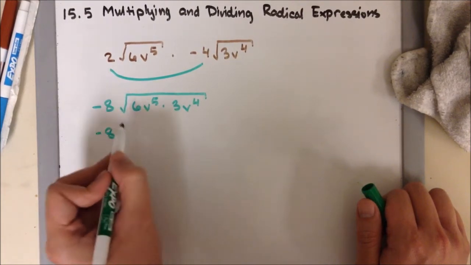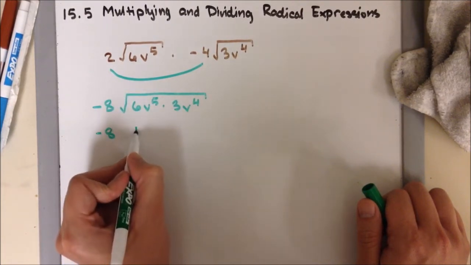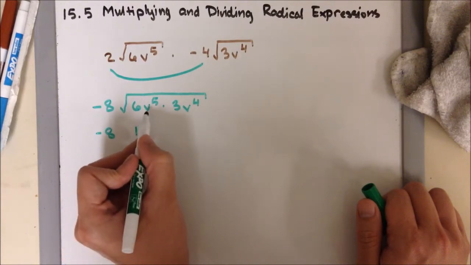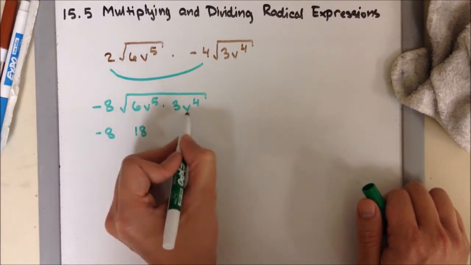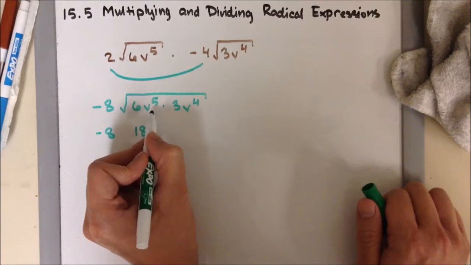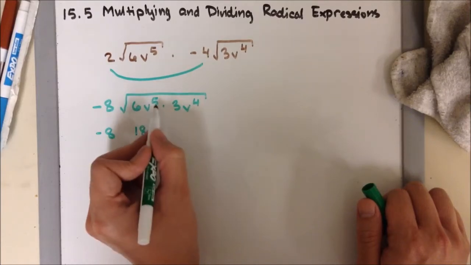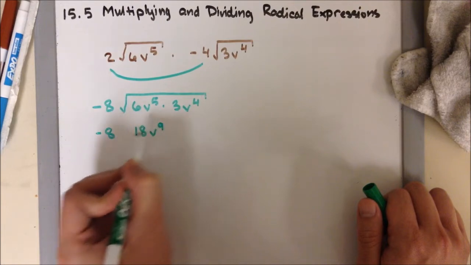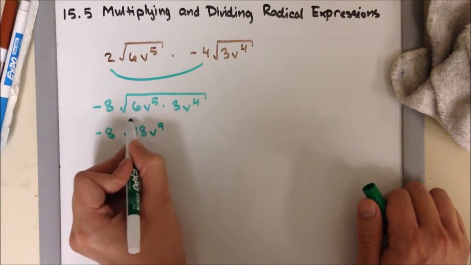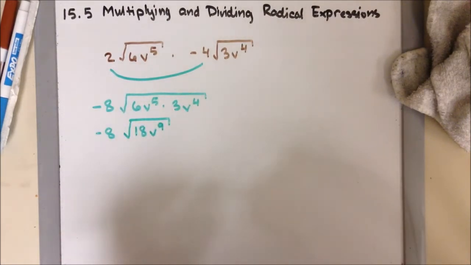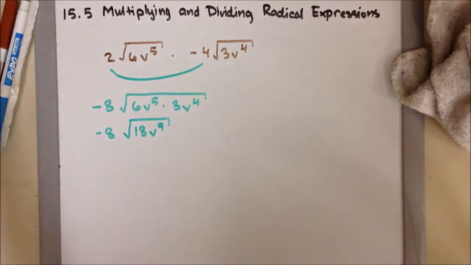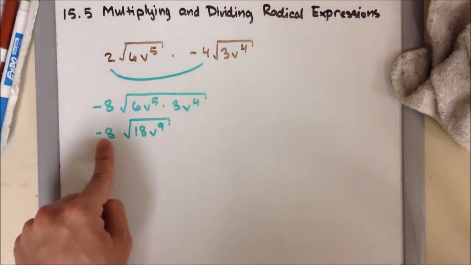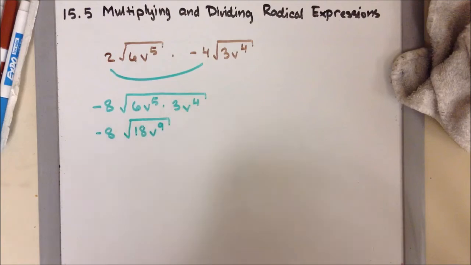I'm going to multiply the inside, so 6 times 3 is 18. And then v to the 5th times v to the 4th. Since we're multiplying with the same base, I'm going to add the exponents, 5 plus 4, which is 9. Alright, all of that is inside the square root. So right now I have negative 8 square root of 18v to the 9th power.